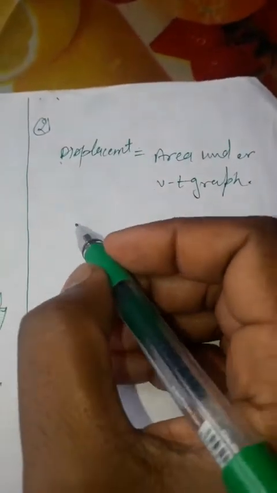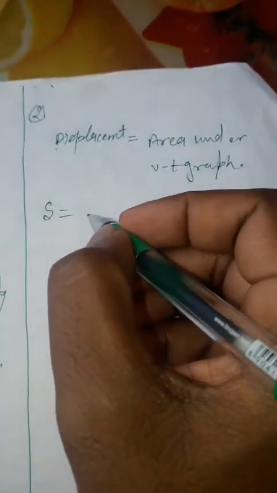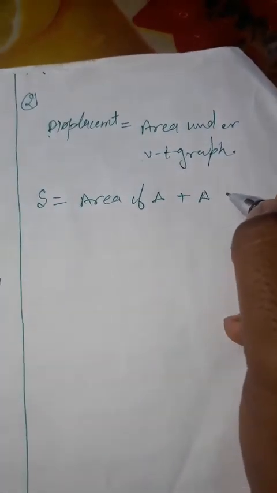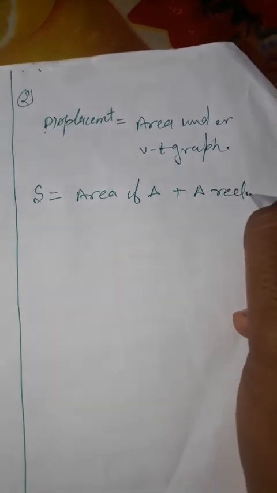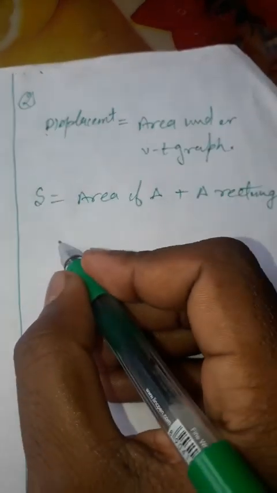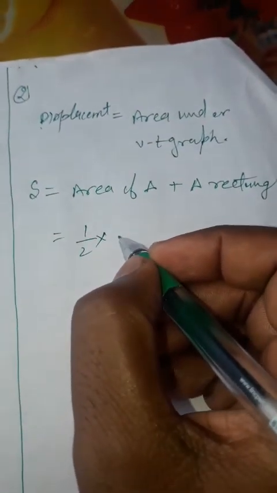So the displacement, that is s, must be written as the area of the triangle plus the area of a rectangle. Now as we know, the area of a triangle is given by half into base into height.